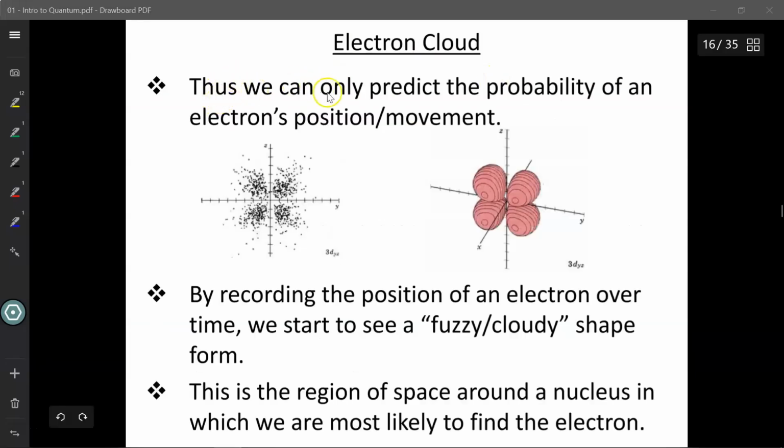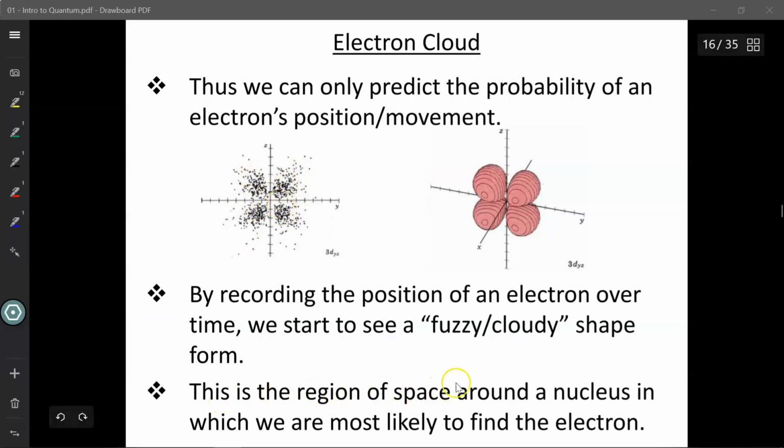As such, we can only predict the probability of an electron's position or movement at any given point. All right, so we can't actually predict where the electron will be at any given point in time, but we can predict with a great certainty where we're likely to find the electron. We do this by recording the position of an electron over time. And if you record the position of an electron over time, you start to see fuzzy patterns or a cloudy shape form.